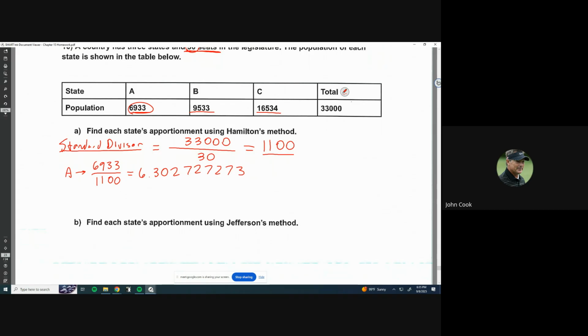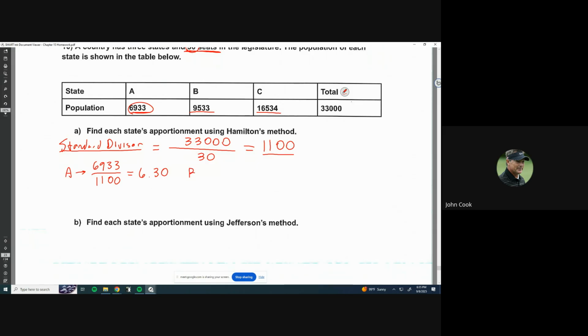But I just want to cut it off at 2 decimal places. That digit right there is going to round down because it is below 5. So if I round to just 2 decimal places, I stop at 6.30.